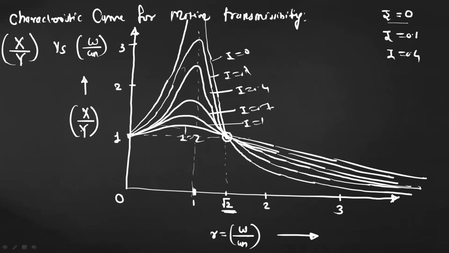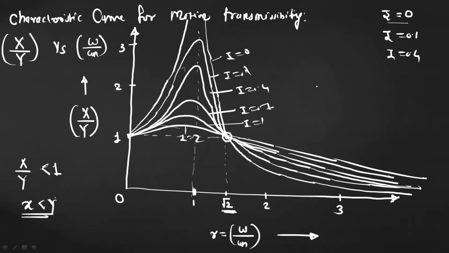When the transmissibility, that is x by y, is less than 1, it means x is less than y. This is actually the desired condition.